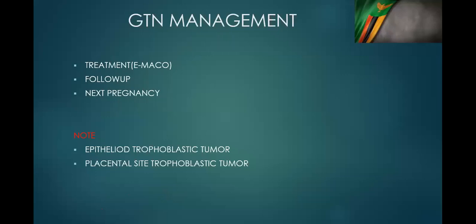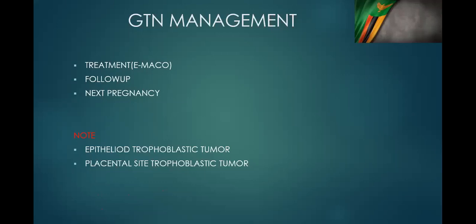Okay, so there are two things there. There's what is called risk scoring, and there's what is called staging. The most important thing in the management of gestational trophoblastic disease is not really the stage of the disease, because this condition is very treatable.